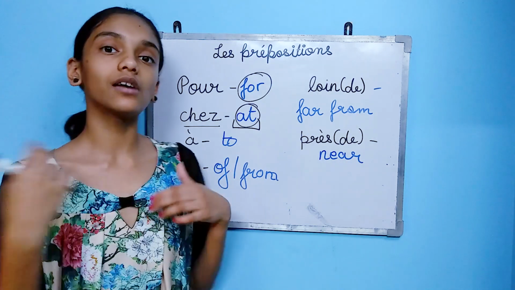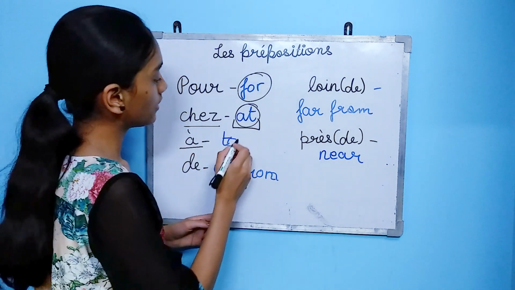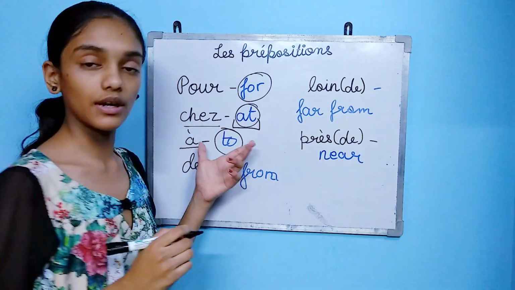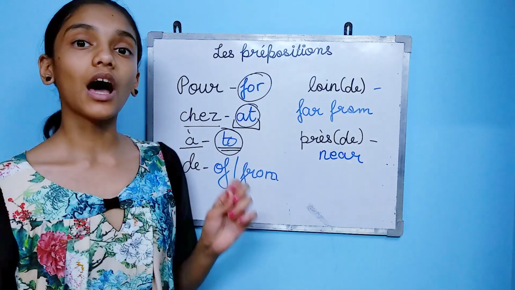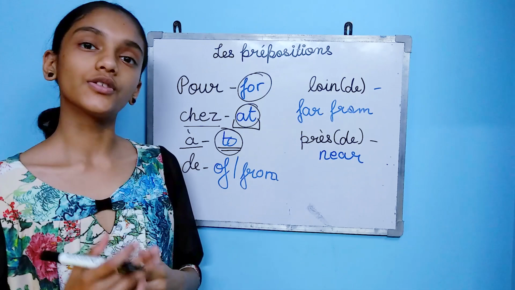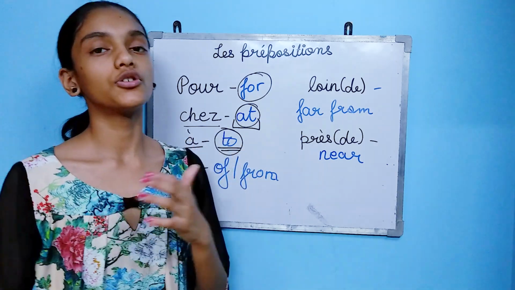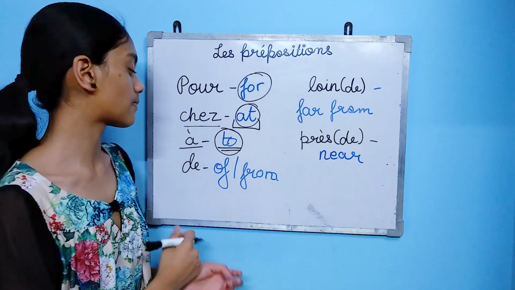We are going to our friend's place. Next one is à. This also is used to refer to a place. Its meaning is to. Elle allait en France. She is going to France. So à is also used to refer to a place.